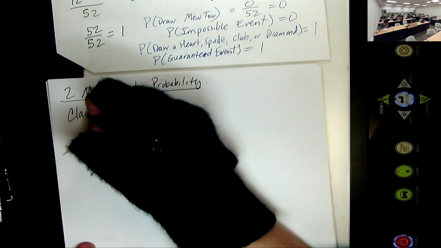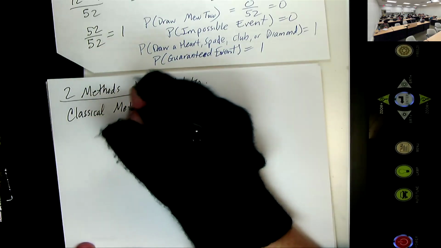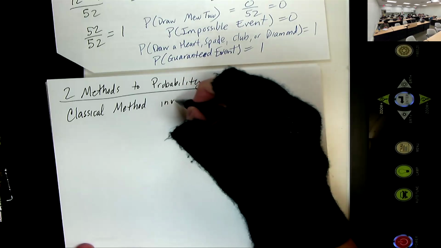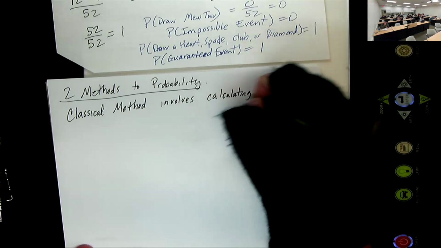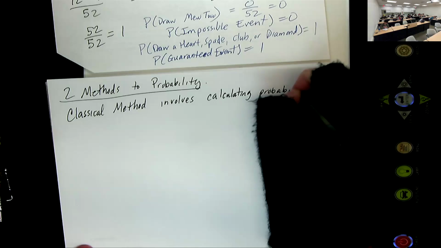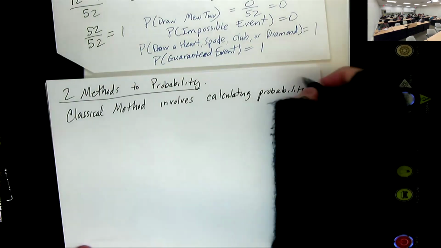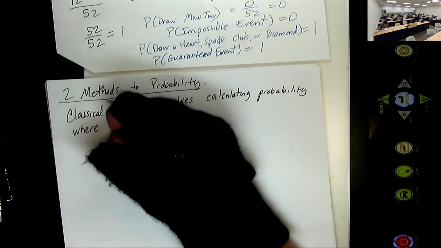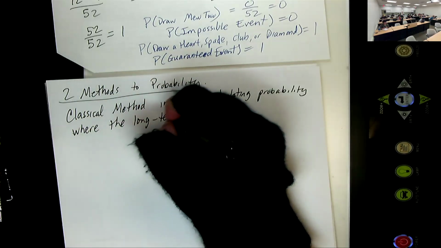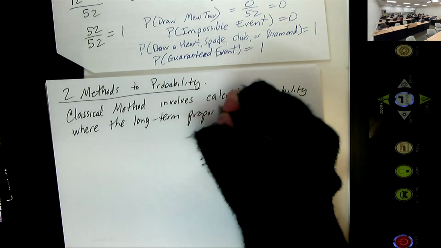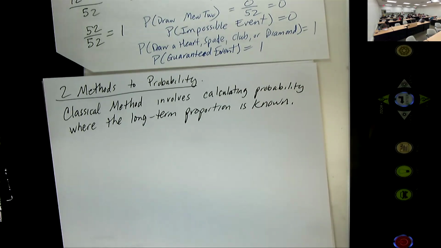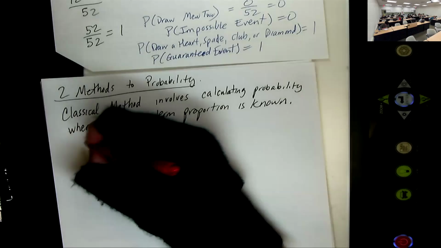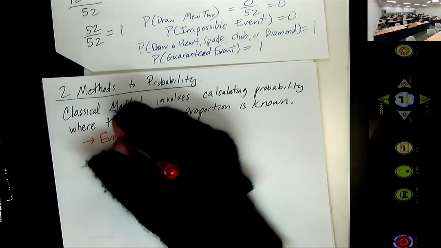The classical method involves calculating probabilities where the long-term proportion is known. This is when every outcome is equally likely.